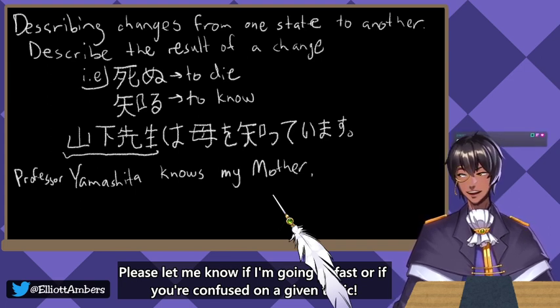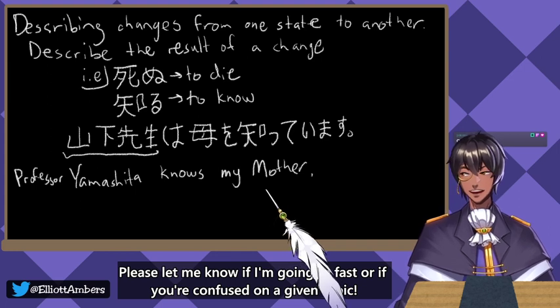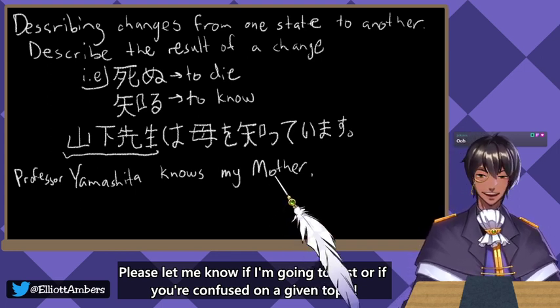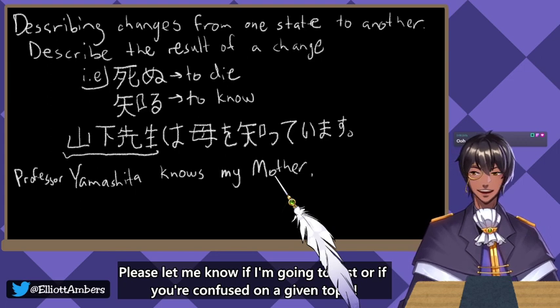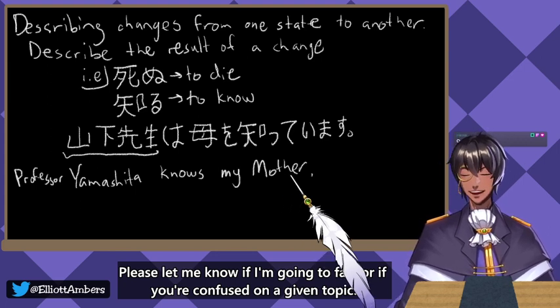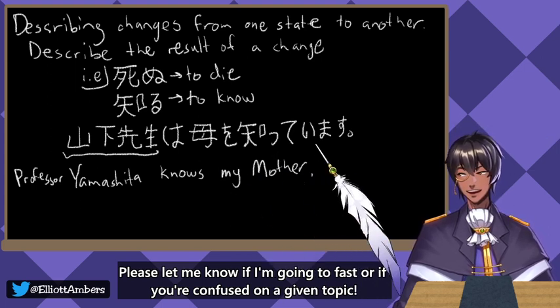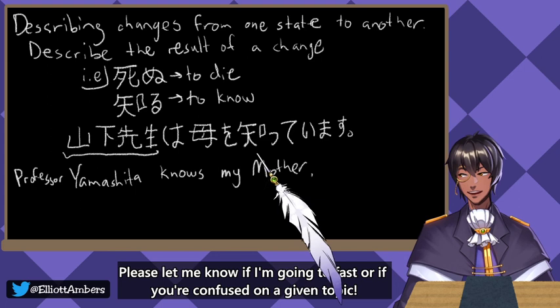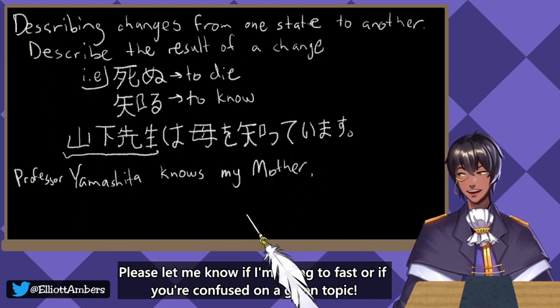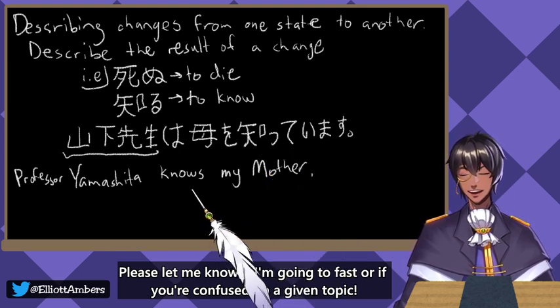Because if I'm saying kekkon shirimasu, that means is getting married. I guess you could say that. If you were to say that, that would represent that he's at his wedding day. But any other time that you say that, it doesn't make sense. So kekkon shirimasu would represent is getting married, while kekkon shiteimasu means that he is married.